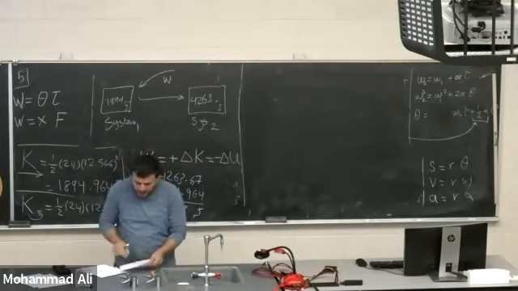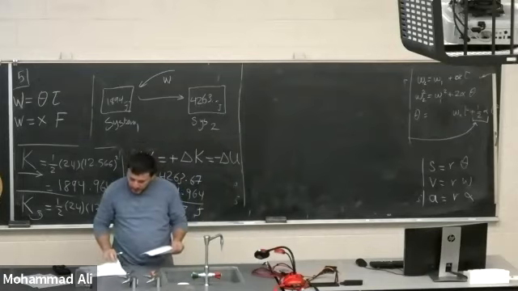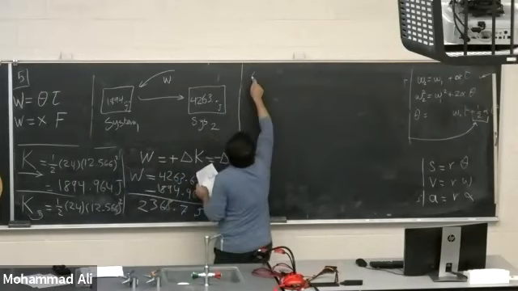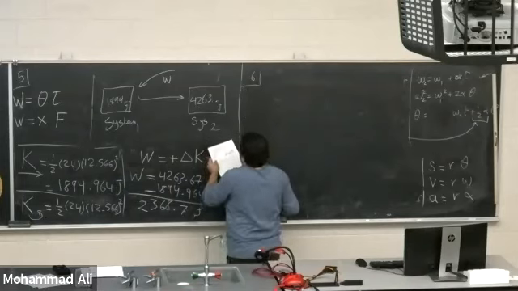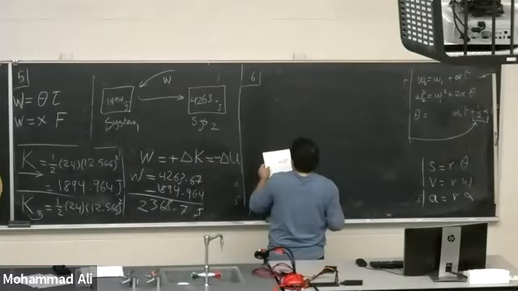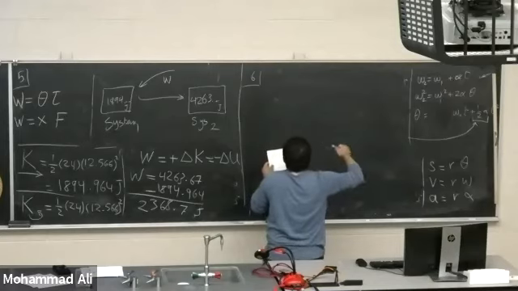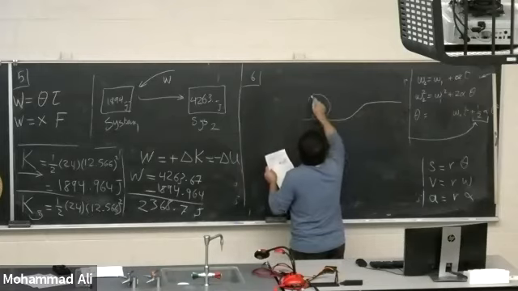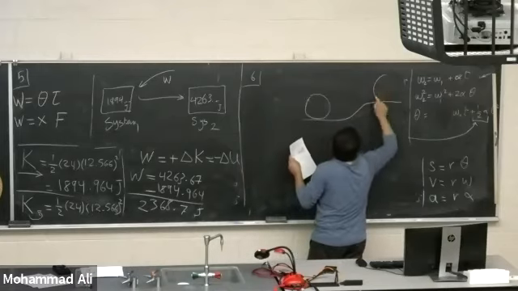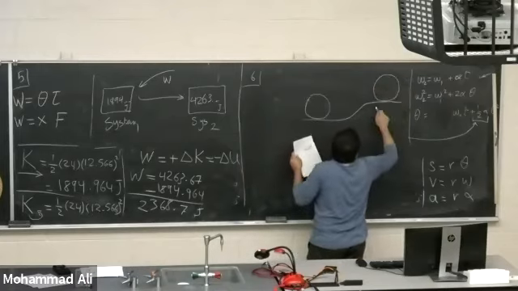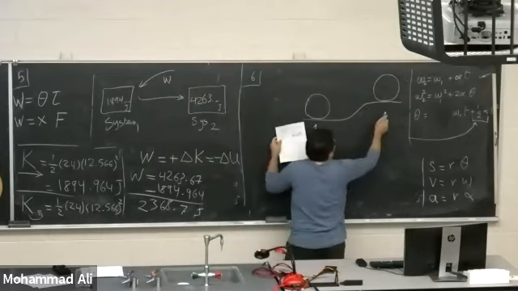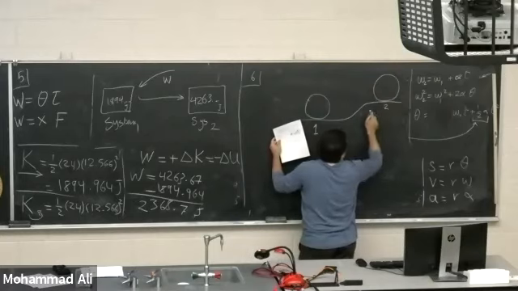Now we have question number 6. There's no slipping, just we have rotational motion, okay? We have this ball, which is a sphere, and this is the initial position, which is position 1. This is the second position.